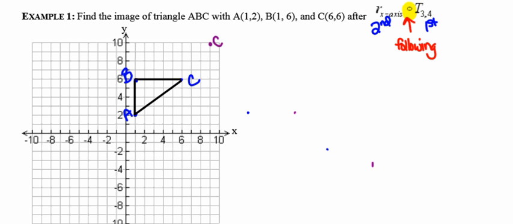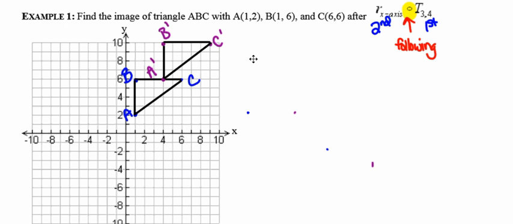So point C prime is going to go right there. B prime will move right there. And A prime will move there. Again, I'm going to take my straight edge and connect each vertex of the triangle.